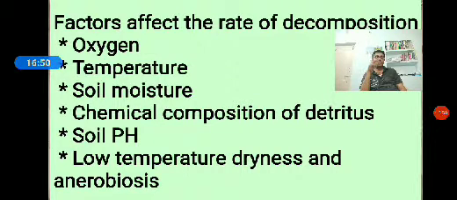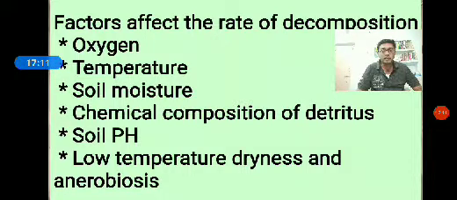The factors are oxygen, temperature, soil moisture, chemical composition of detritus, and soil pH. Low temperature, dryness, and anaerobiosis inhibit the rate of decomposition. So this is about the process of decomposition.